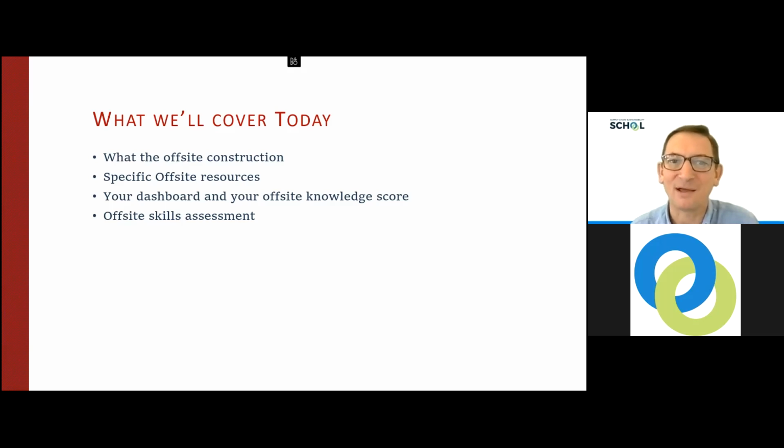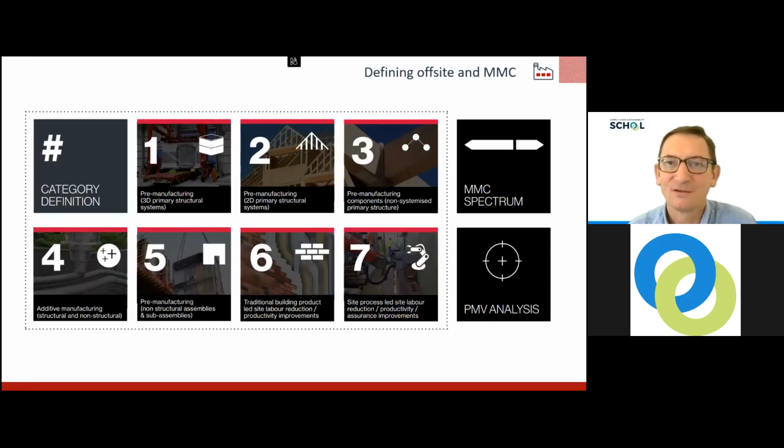So what do we mean by offsite construction? We've taken this definition of offsite construction as the one that you see ahead of us. On the screen now, we've got 7 categories which define offsite construction.